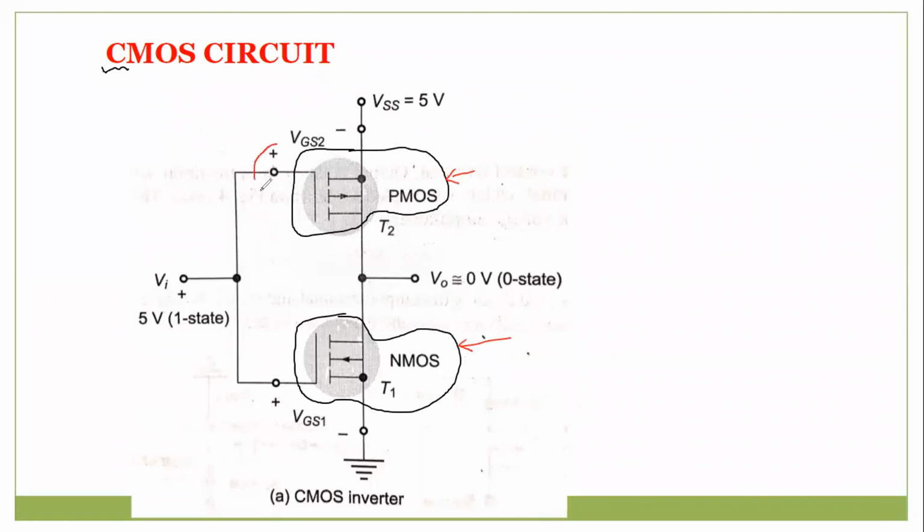The gate terminal of PMOS is connected to the gate terminal of NMOS. The source terminal of PMOS is connected with the positive power supply, and the source terminal of NMOS is connected to ground. And the drain terminal of NMOS is connected to the drain terminal of PMOS.